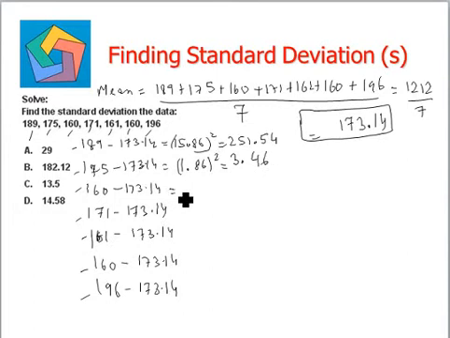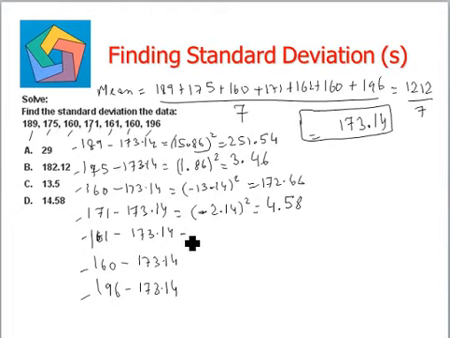160 minus 173.14 gives negative 13.14. Squaring it, we get 172.66. First the difference, negative 2.14, then squaring it, a positive number. Then 161 will give us negative 12.14.